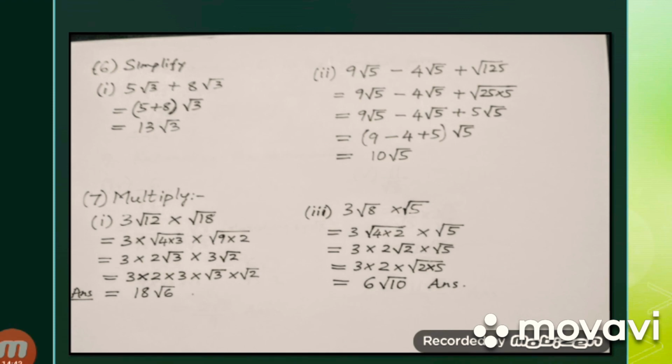The third, 3 root 8 into root 5, that is equal to 3 root 4 into 2 into root 5, that is equal to 3 into 2 root 2 into root 5, and that is equal to 3 into 2 into root of 2 into 5, and that is equal to 6 root 10, which is the answer.